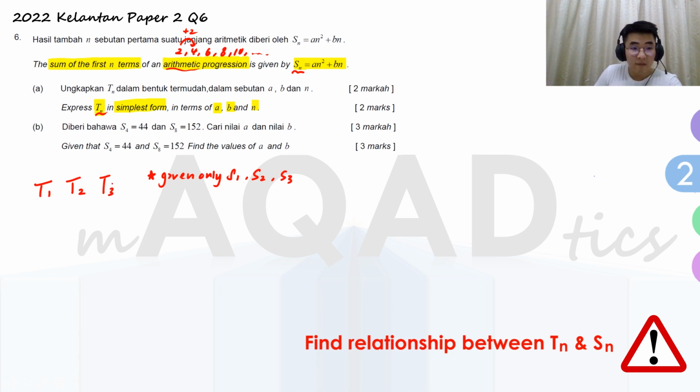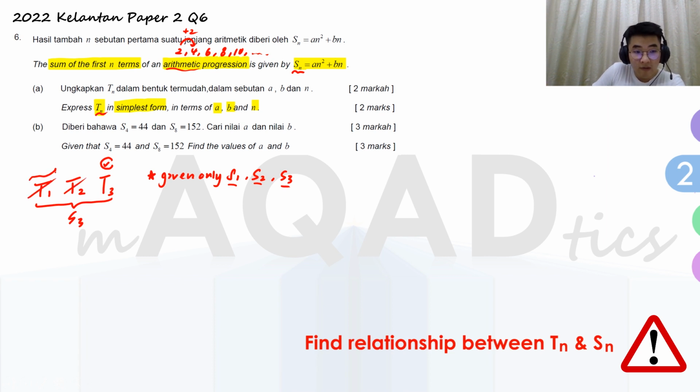Let's say we have T1, T2 and T3 and we don't know their values, but we only know the values of the sums, S1, S2 and S3. S2 means the sum of the first two terms. Let's say we want to find T3. In order to find T3, we first consider the sum of all three terms, which is S3, and we minus out those that we don't want, which is T1 and T2.